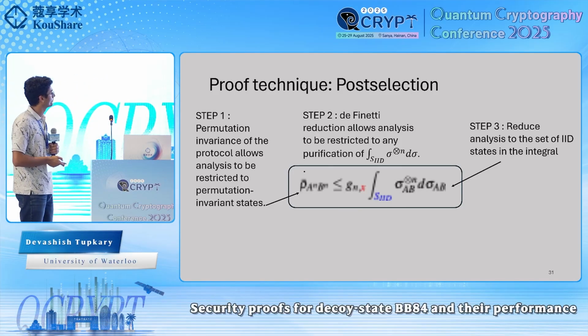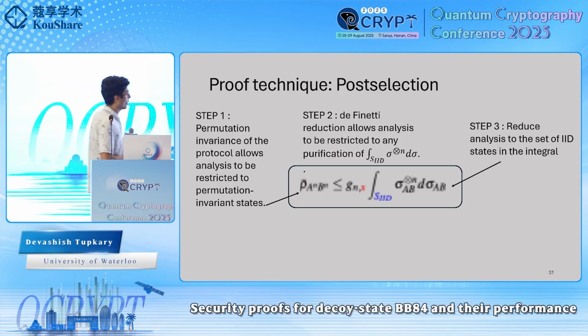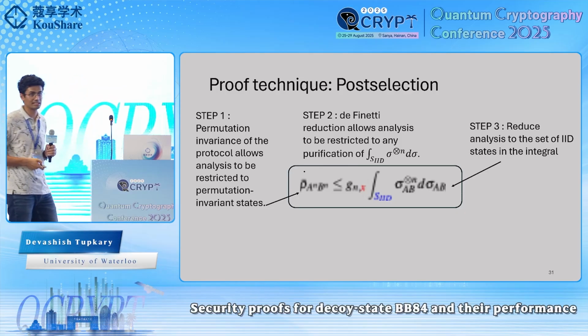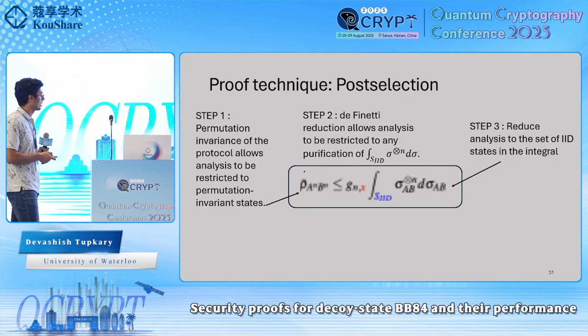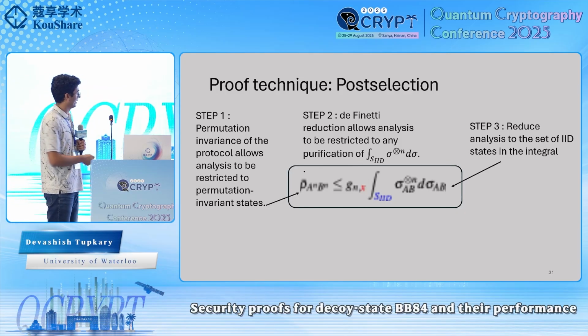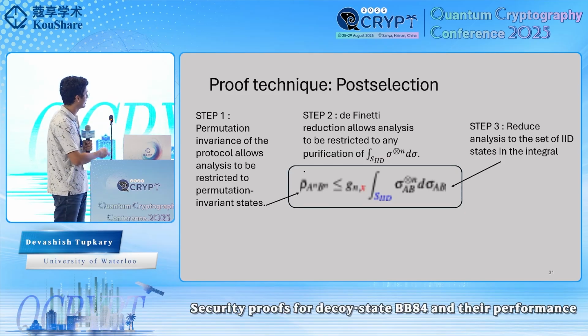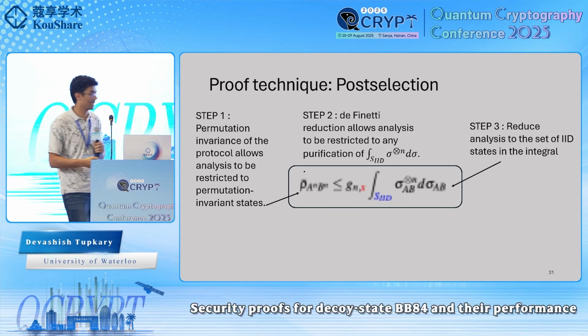And in step 3, we want to say, okay, instead of considering a mixture of IID states, we only need to look at every possible IID state. This is a generic way to reduce security analysis of coherent attacks to security analysis of simply IID collective attacks.